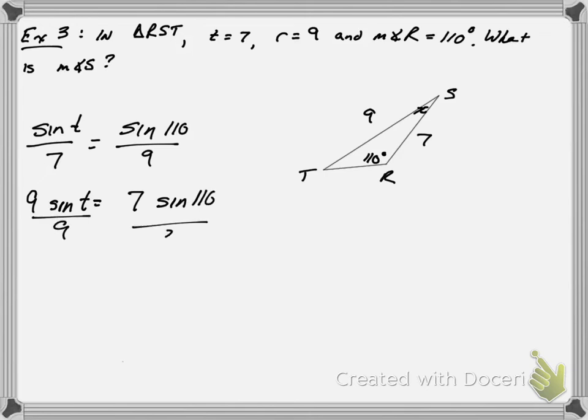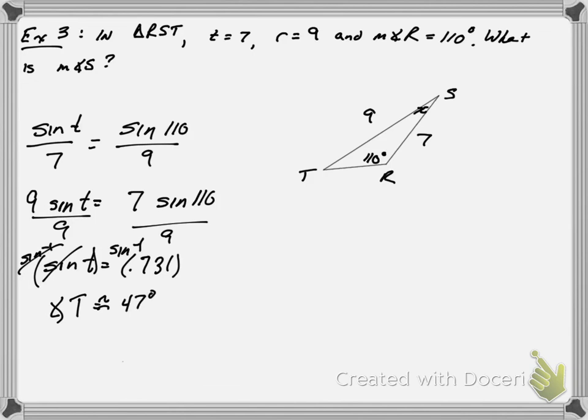Divide by 9, I get the sine of T equal to 0.731. And to get rid of that sine, I have to inverse sine both sides. I end up getting angle T equals about 47 degrees.